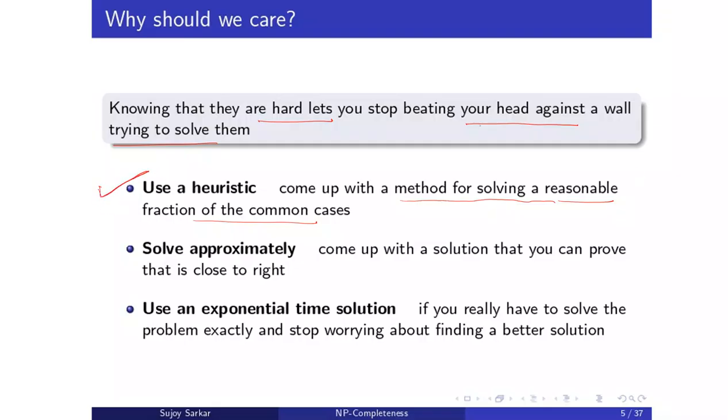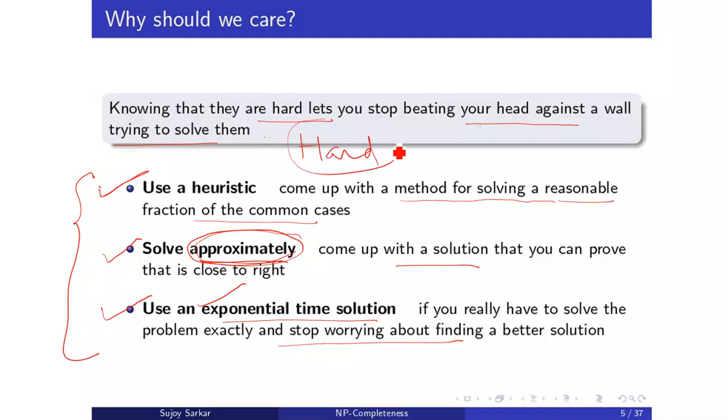Or we can solve approximately: we don't want an optimal solution, we want a near optimal one, so we spend polynomial time and are happy with an approximate solution. Or if we know the input size is small, we can stop worrying about time complexity and use the exponential time solution. So these are different approaches possible once we prove that the problem is hard.